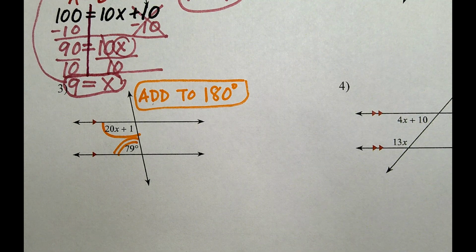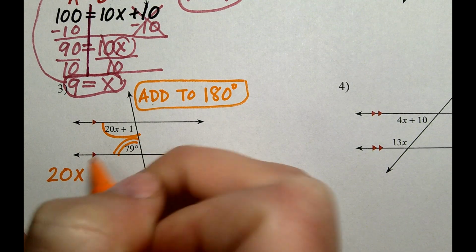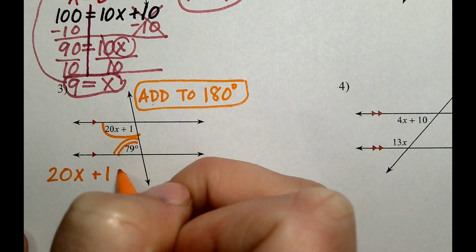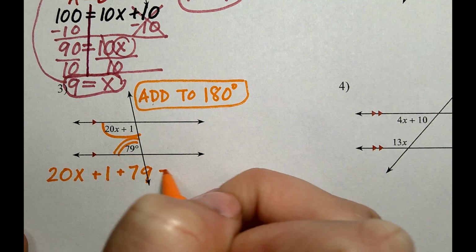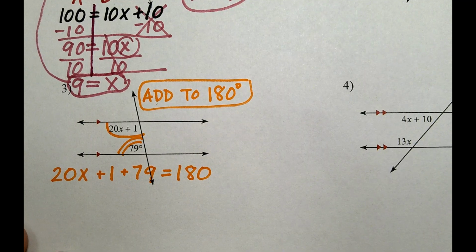So what equation could I write here? 20x plus 1 plus 79 equals 180. We're just adding them together, equal 180. So I have my equation.